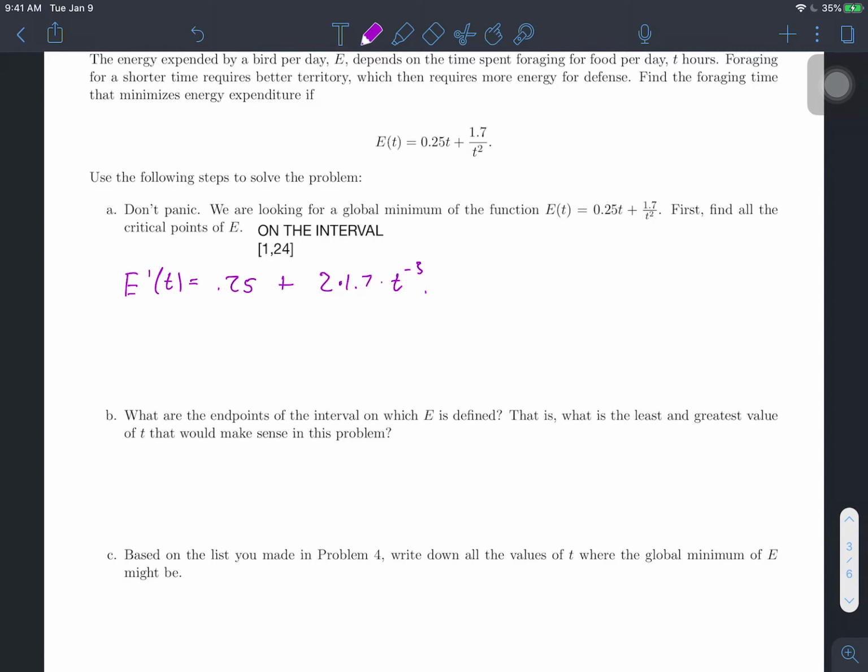Did I lose anybody there? I expressed 1.7 over t squared as 1.7 times t to the negative second power. You know what? I missed a negative sign here. This should be a minus now.